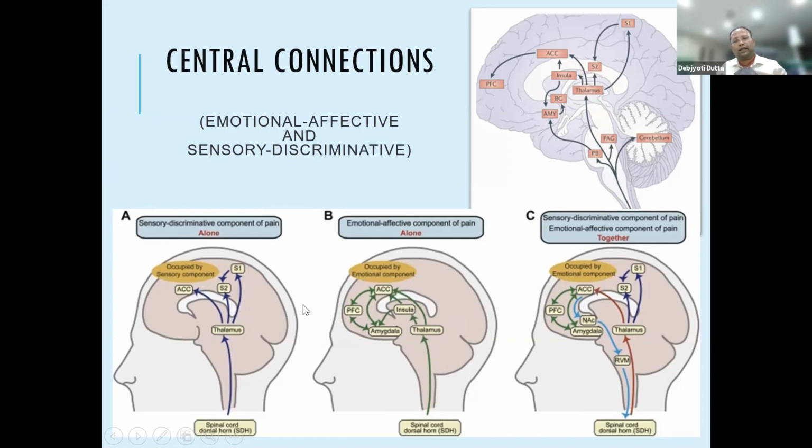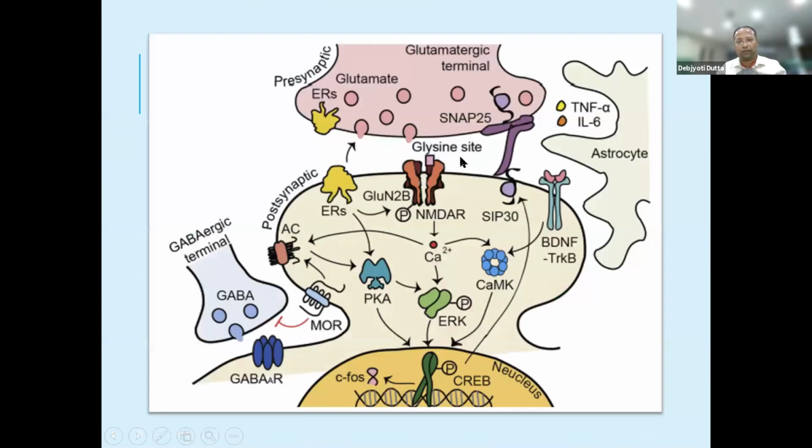These areas are responsible for the emotional component, and sensory 1 and sensory 2, these sensory nuclei, are there for the sensory component. So the summary is that perception has 2 parts.